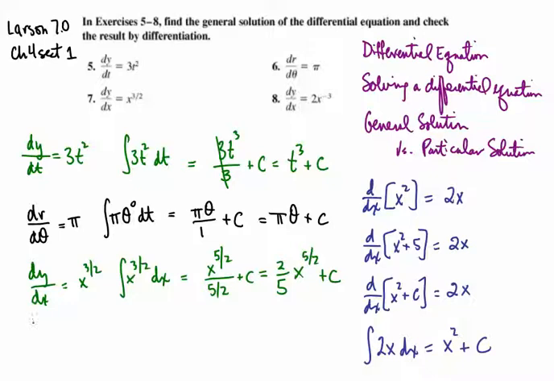And the final one, dy/dx is equal to 2x to the negative 3rd. We're going to solve that through the process of integration.